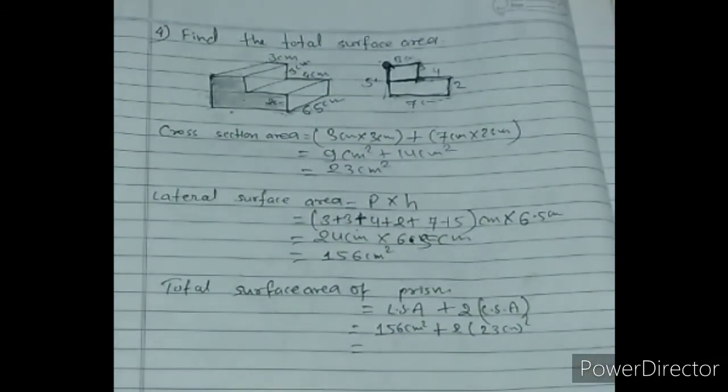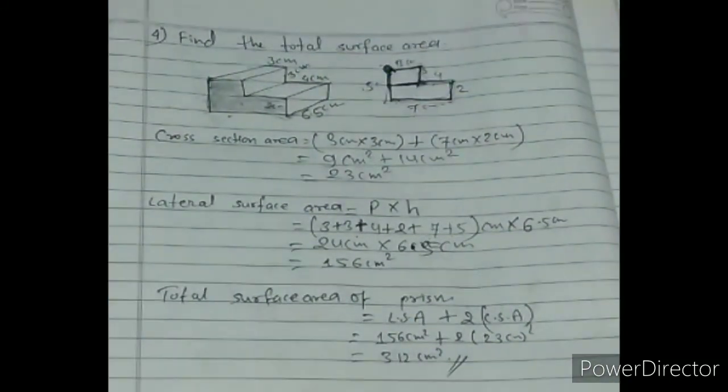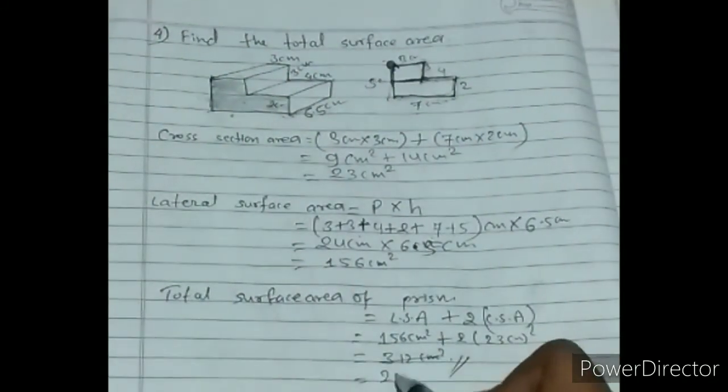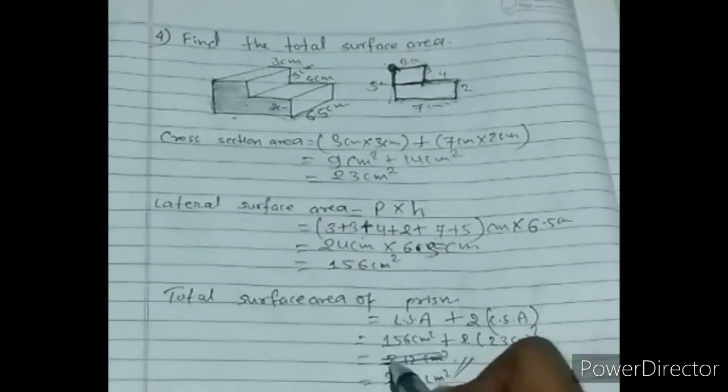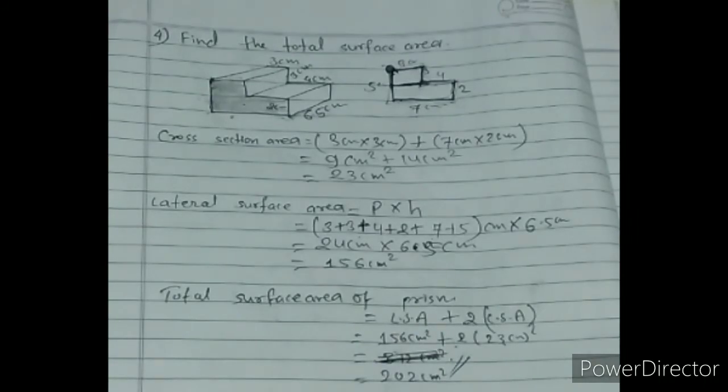Now 23 2s are 46, plus 156 is, sorry, 202, not 312. 202 centimeter square. This is total surface area.